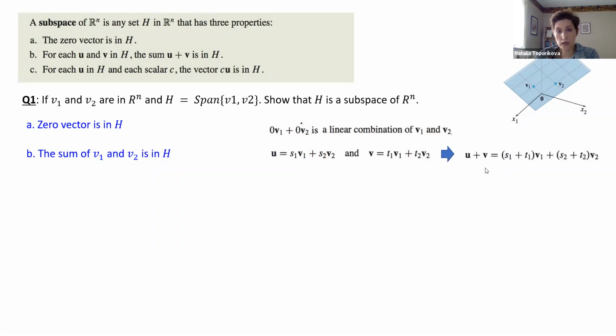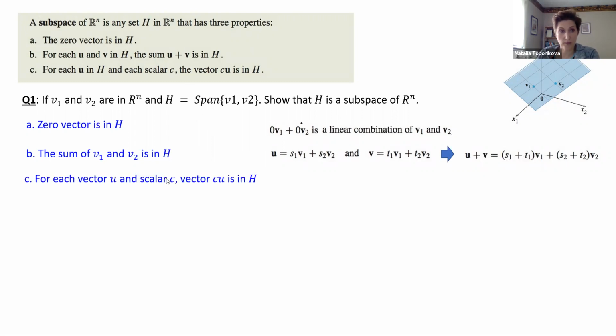We can use the property of linear combinations which we discussed in the earlier chapter. It allows us to take the constants out and write the sum of our two vectors as yet another linear combination with the first weight s1 plus t1, and the second weight s2 plus t2. So yes, the sum of linear combinations is also a linear combination and is included in our span.